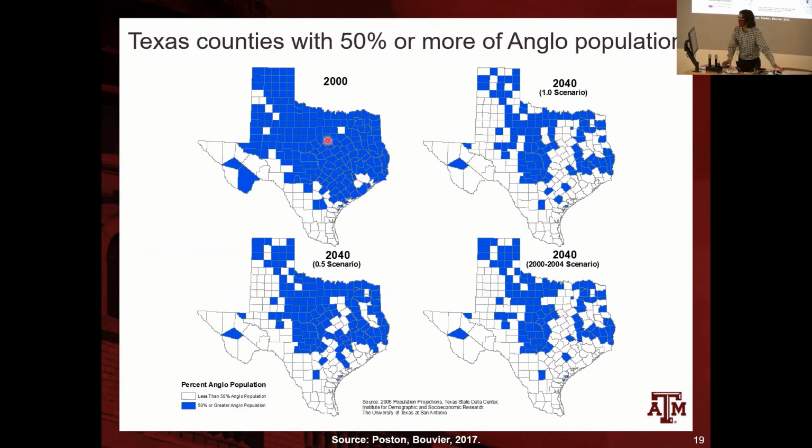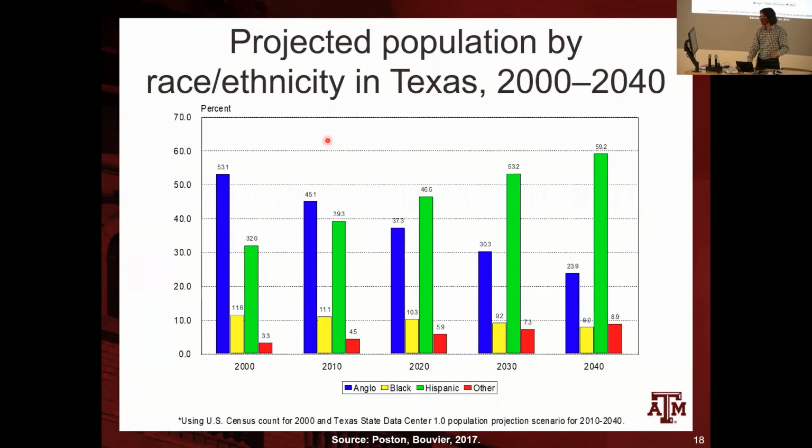So the changes: the country, the US as a whole, is increasing the number of non-Hispanic white population, and Texas as a whole as well. And among that population, the one that's increasing more is the Hispanic population, as we saw in this graph.